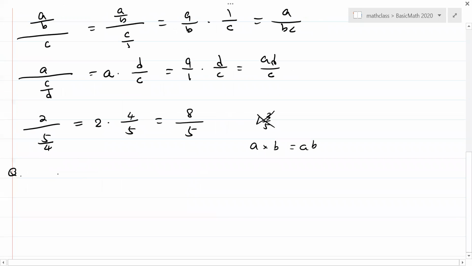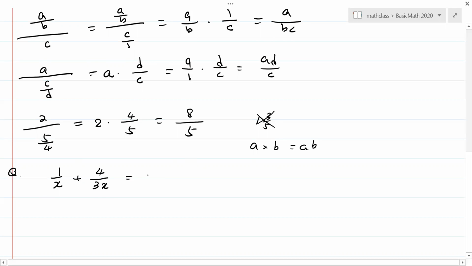For example, simplify 1 over x plus 4 over 3x. You can use the formula, but if you know the idea of how to combine those two terms, all you have to do is make them have a common denominator. How do you make them have a common denominator?